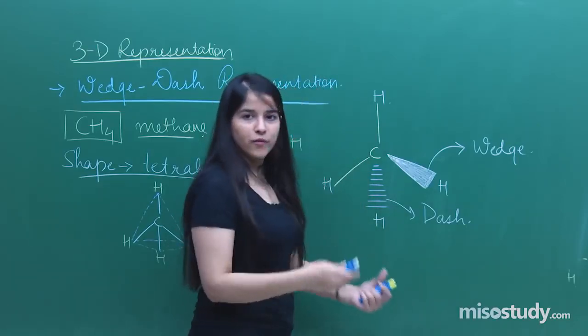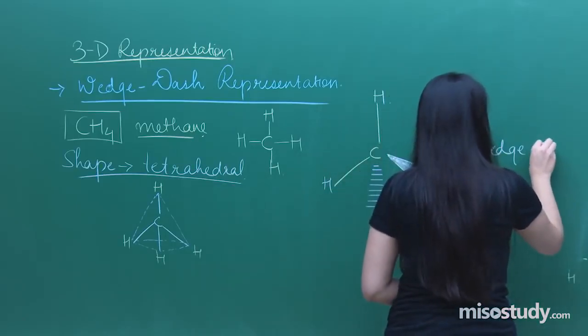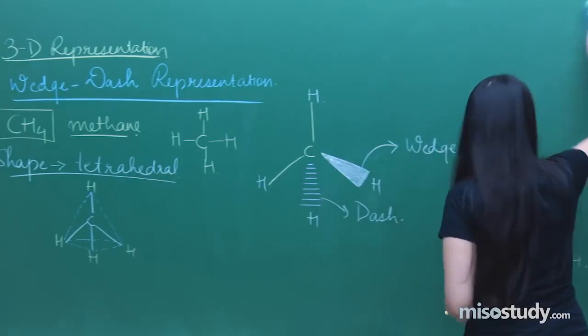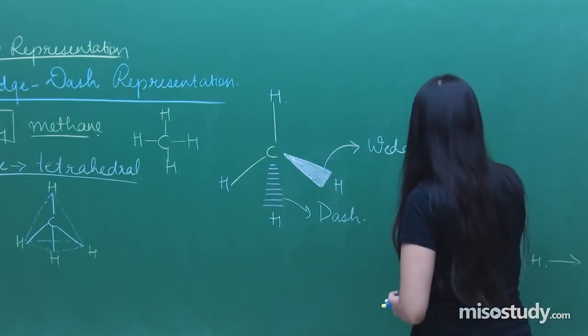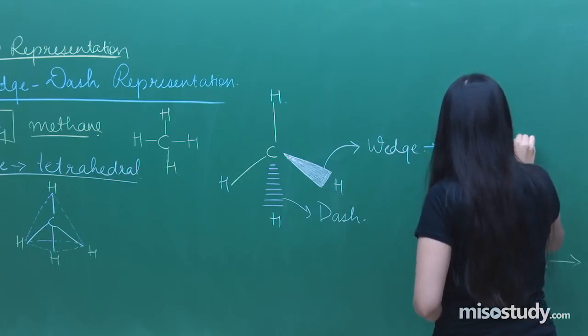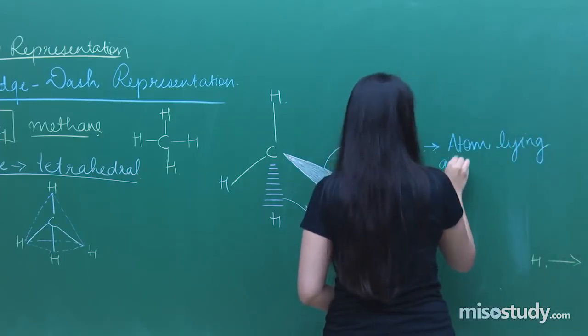Now what is the meaning of wedge and what is the meaning of dash? The wedge represents an atom lying towards you, lying above the plane.